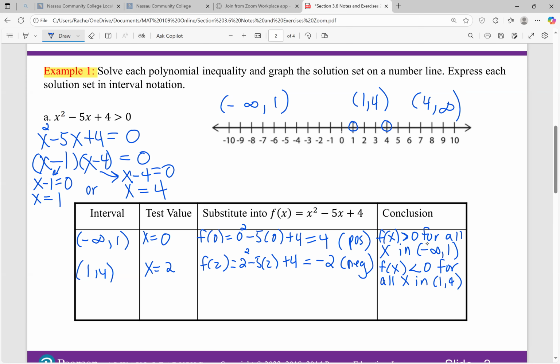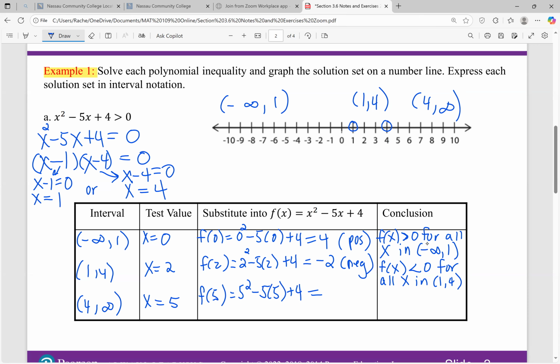And then let's do the last interval. My last interval goes from 4 to infinity, not including 4. So let's pick a number in this interval. Let's choose 5. And again, you could pick any number you want in that interval. So f of 5 is going to be equal to 5 squared minus 5 times 5 plus 4.